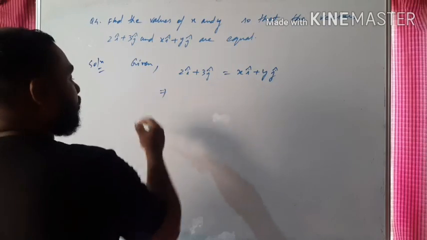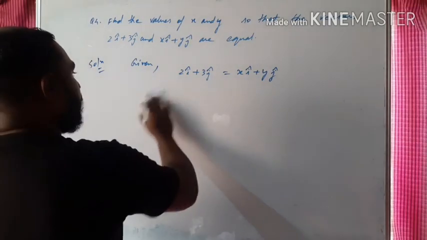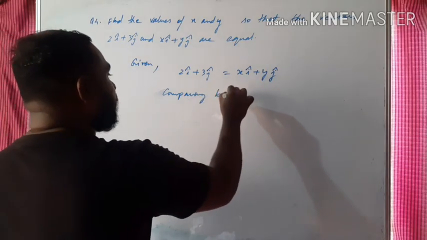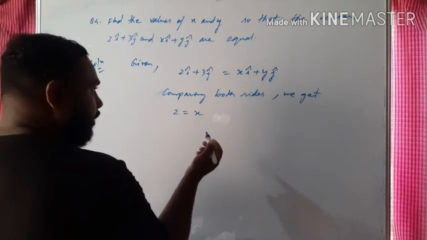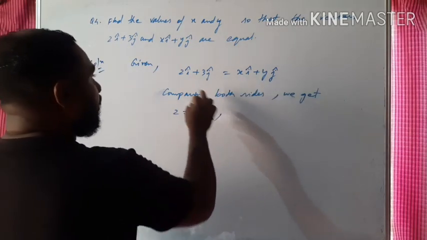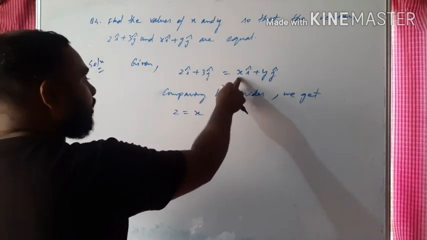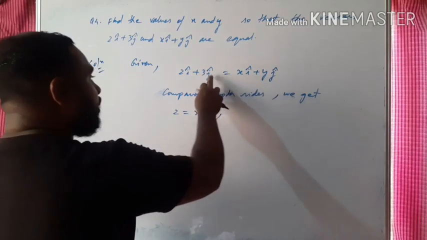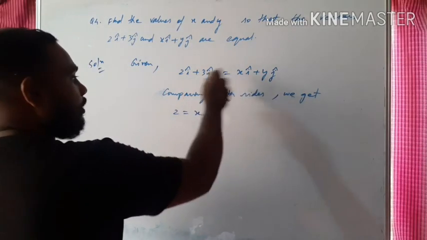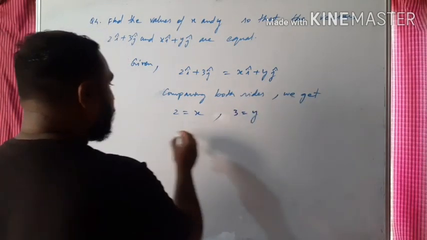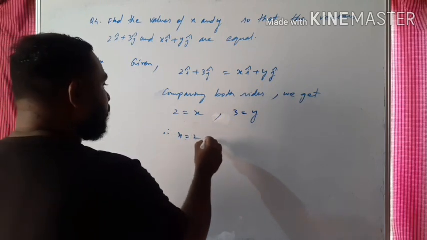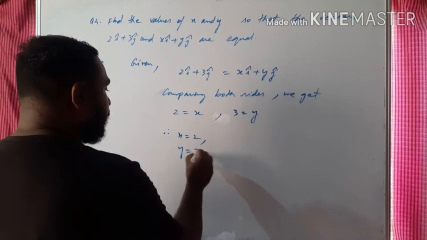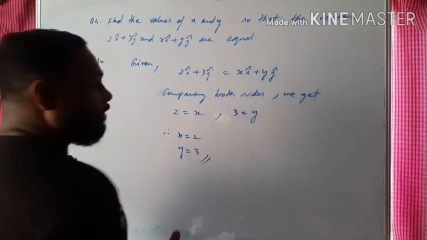If they are equal, comparing both sides, the i component gives 2 is equal to x, and comparing the j component, 3 will be equal to y. So therefore I have got x is equal to 2 and y is equal to 3. So this is the answer, very simple.